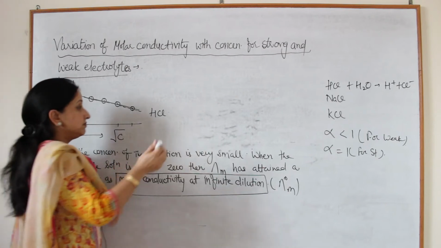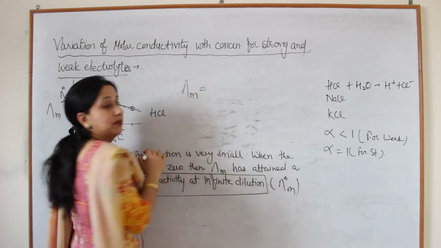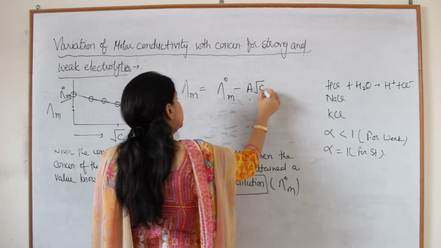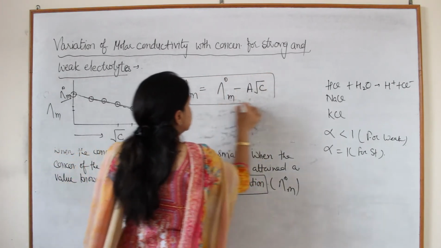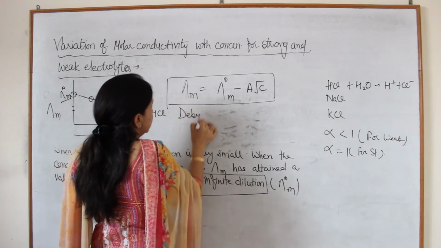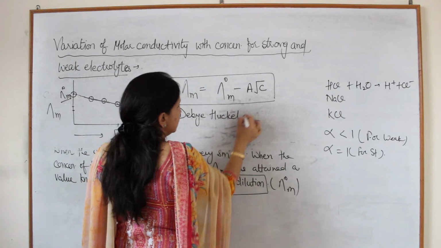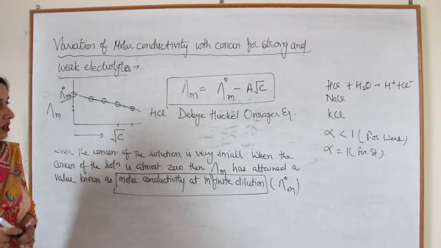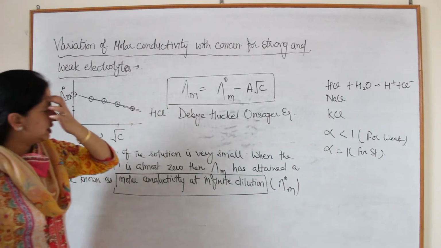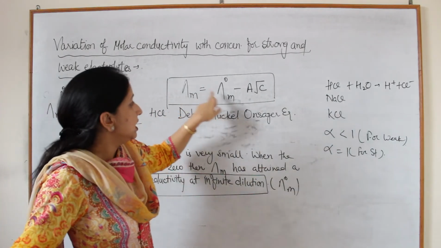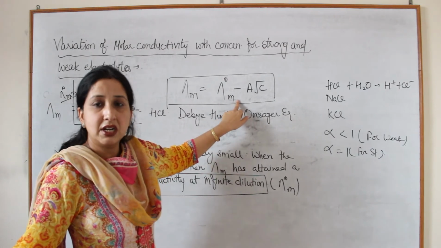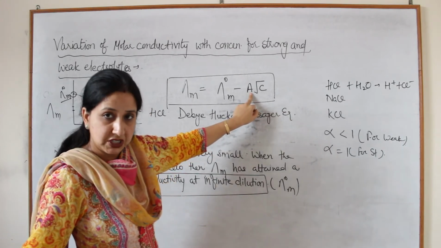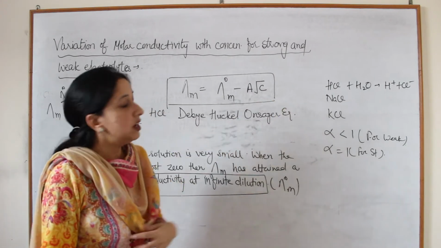So this variation is also given as lambda m is equal to lambda naught m minus A under root C. This equation is known as the Debye-Huckel-Onsager equation, where lambda m means molar conductivity, lambda naught m means molar conductivity at infinite dilution, A is constant of proportionality, and C is the concentration of the electrolyte.